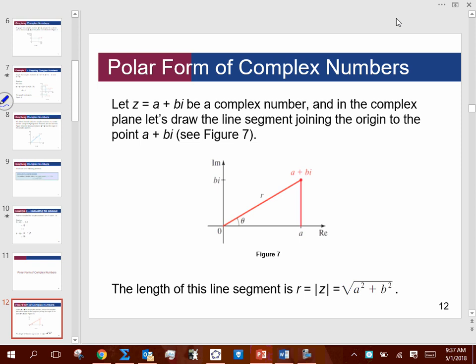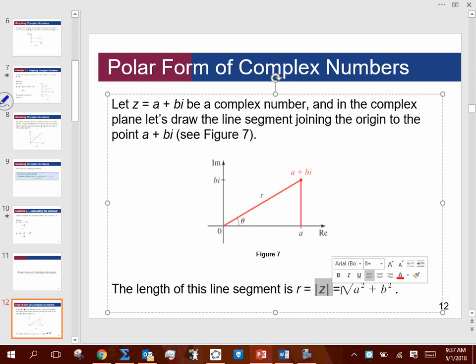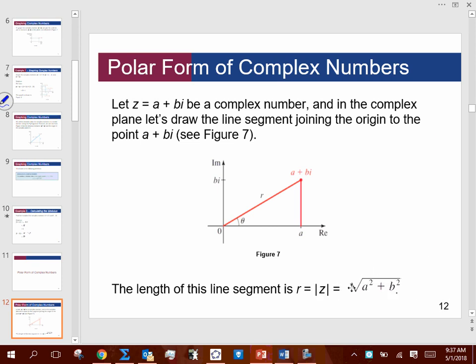So we're now going to say, and you see it down here, that our r value, or our radius, is the same thing as the modulus of z, which we just figured out by the Pythagorean theorem. Those are just notation things again, talking about the same thing in different forms. So r is the same thing as the modulus of z.